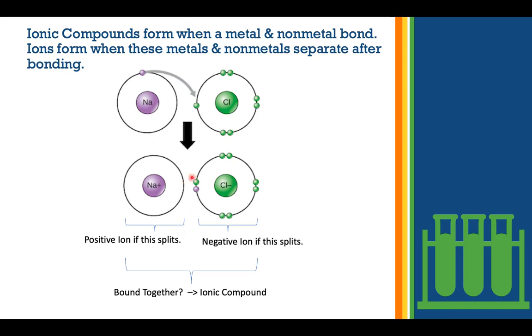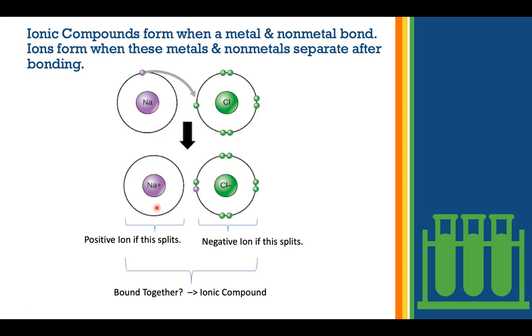Now, at any point that these two go their separate ways, this will be a positive ion, and this will be a negative ion. It's also important to note, if you remember from your atomic structure, we have neutrons and protons which exist inside the interior of the nucleus, and then the electrons exist within the quantum electron cloud, okay?